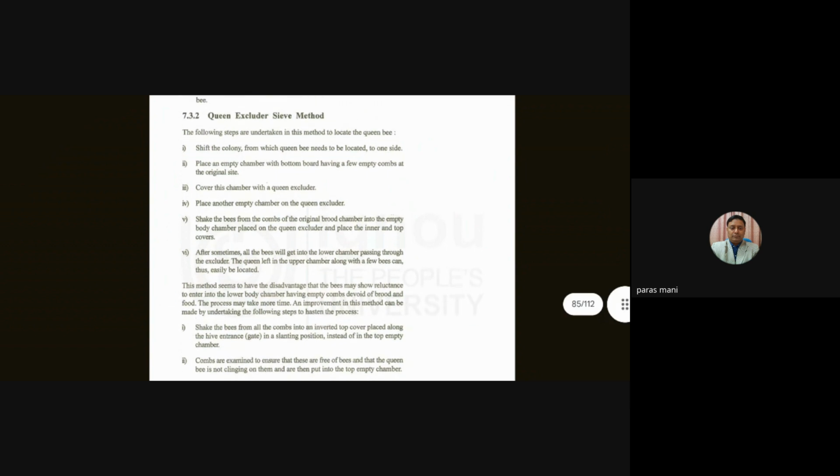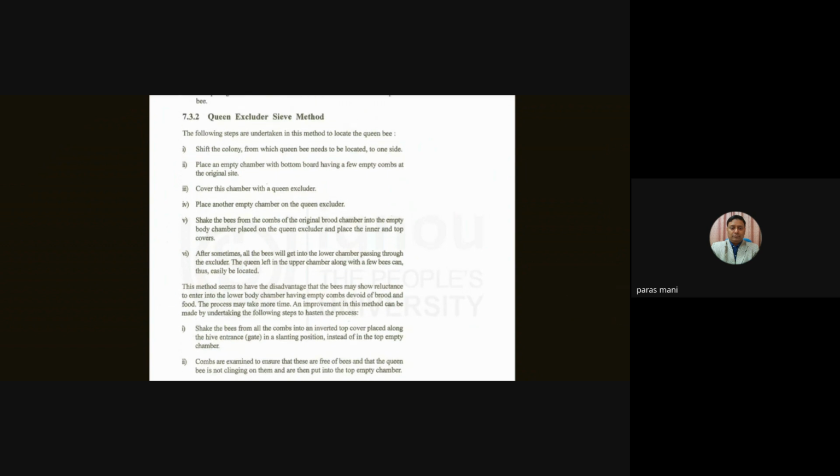Here in the queen excluder sieve method, only a queen excluder sheet will be used. All the remaining workers will be made to move to the other part of the brood chamber, and at one side only the queen and a few workers will be left out.